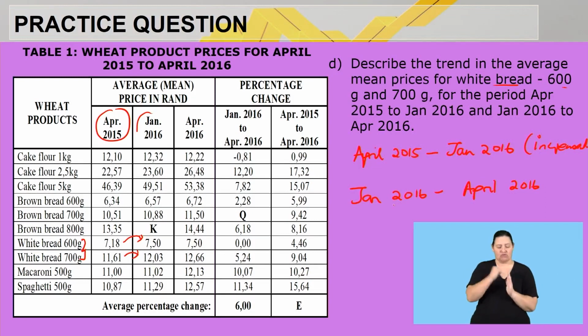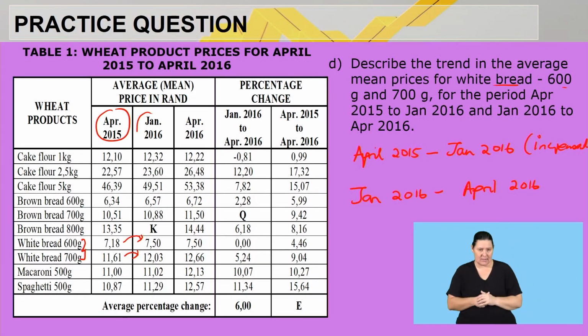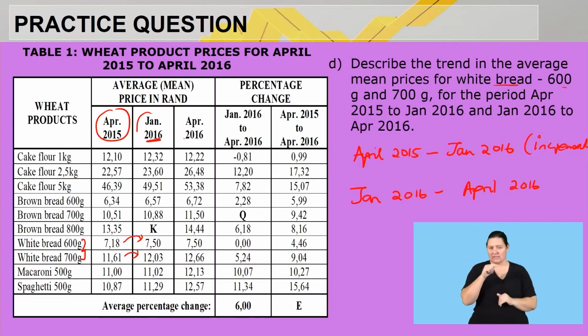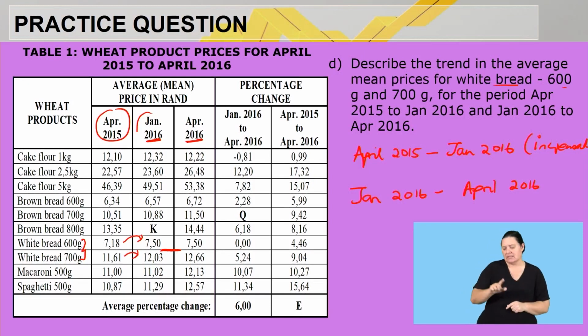All right, so that increase as indicated just now. Then January 2016 to April 2016. So now we're looking at January 2016 to April 2016. Let's look at the white bread 600 gram first. What happened in this time frame? We agree that for the white bread 600 gram, the price remained the same. Is that clear? 7 Rand 50, 7 Rand 50.